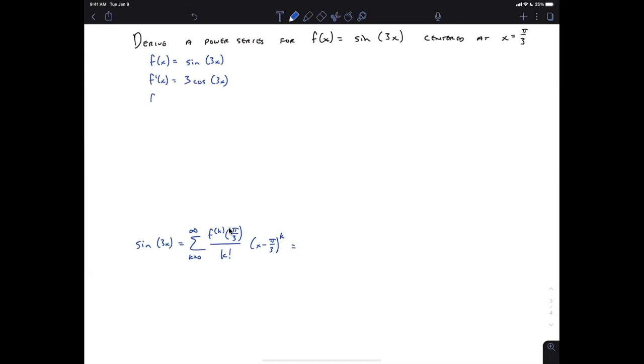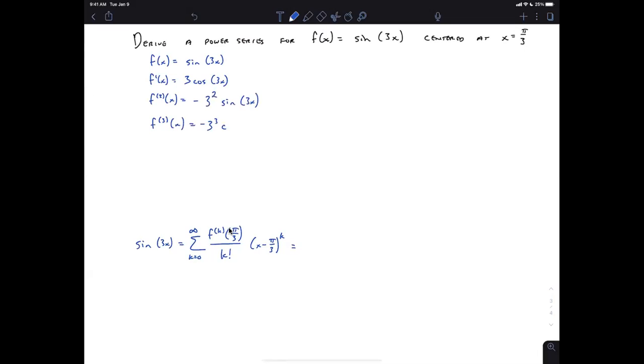The second derivative is then negative 9, but we're going to write it as negative 3 squared so that we can see a pattern. So negative 3 squared sine of 3x. The third derivative is negative 3 to the third.